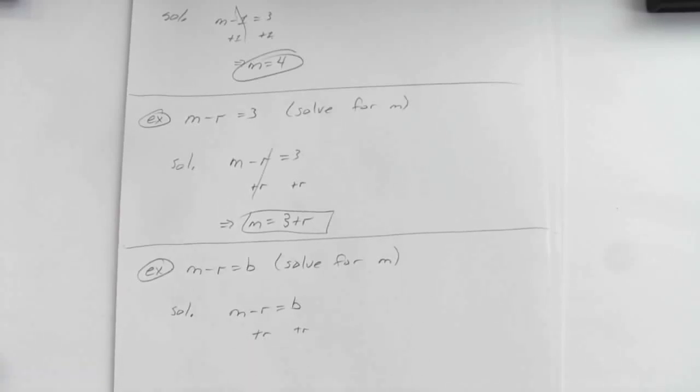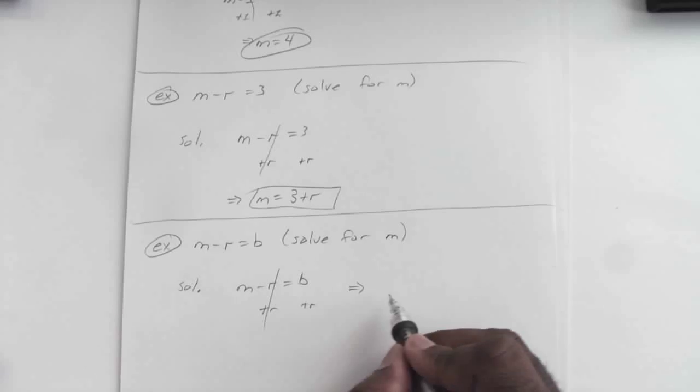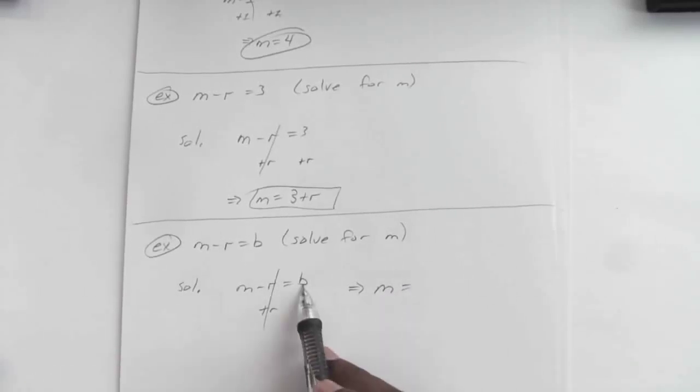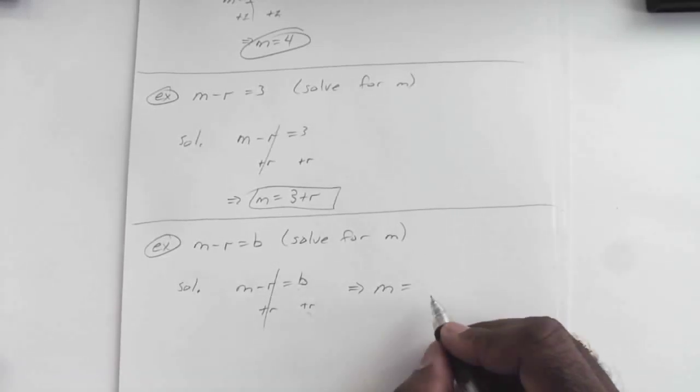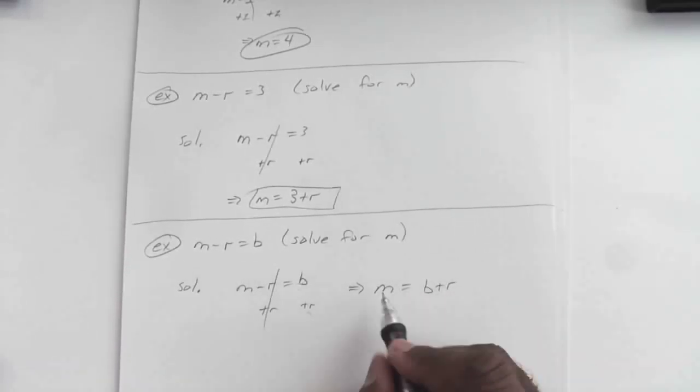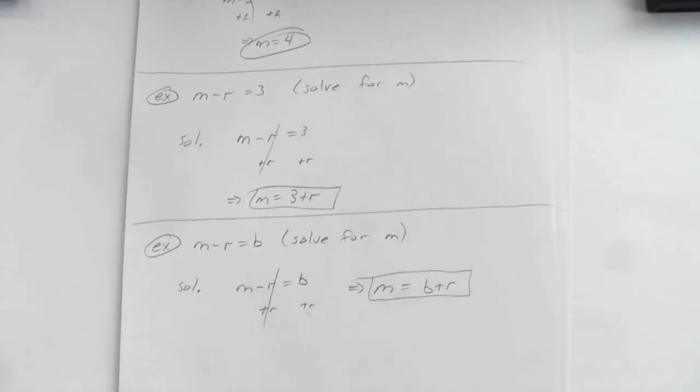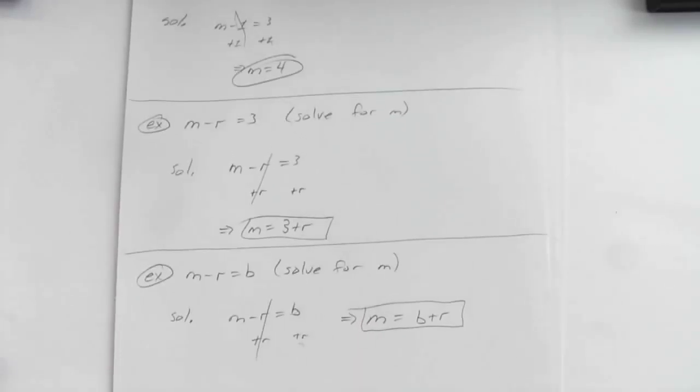These two are going to cancel out. So you have m equals, and you can't combine two different variables, so you just leave it as b plus r. You only combine them if you can. If you can't combine them, you leave them exactly the same.